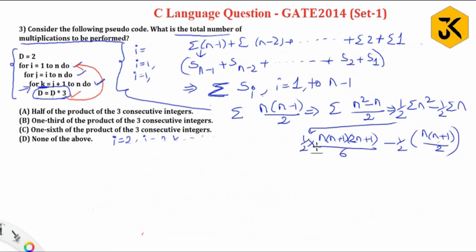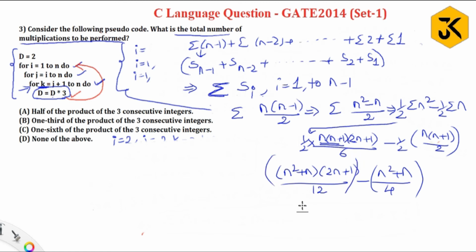Okay, now let me solve. What will happen here? This you will get as n square plus n. I am going to multiply n square plus n into 2n plus 1 by 12, minus n square plus n by 4. Let me solve. LCM is 12. Now you will write like this.